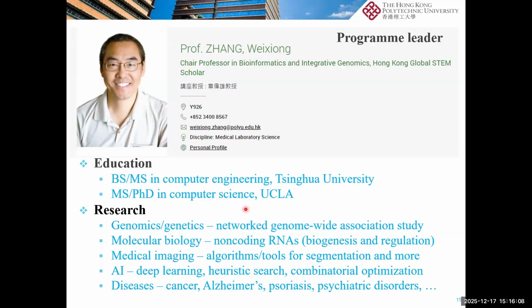As far as I know, Professor Zhang spent more than 20 years in the United States working on research in systems biology. He has different research interests, including genomics, genetics, molecular biology, medical imaging, and artificial intelligence. He would like to apply all these techniques in elucidating disease mechanisms, for example, cancer, Alzheimer's, or psychiatric disorders.